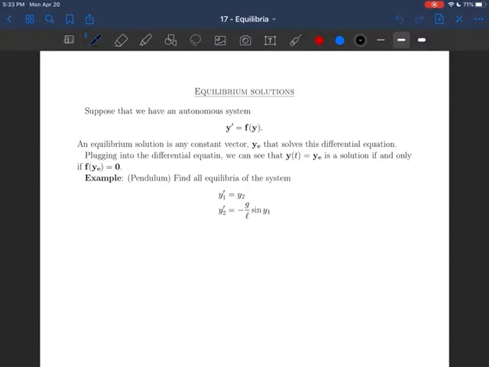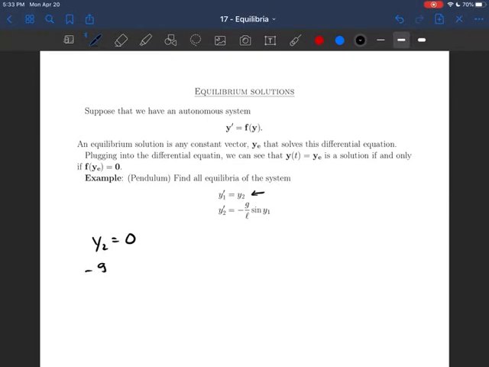So you'll recognize this system as the pendulum system that we ended the last lecture on. So let's see if this has any equilibria. All we need to do to find equilibria is set the equations individually equal to zero and find a simultaneous solution. We need some collection of numbers for y1, y2, and so on, constants, right?